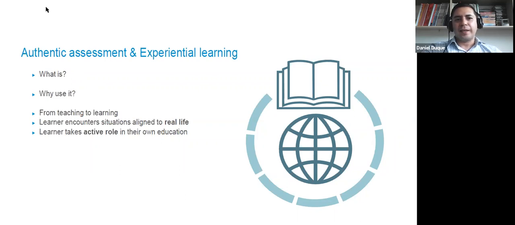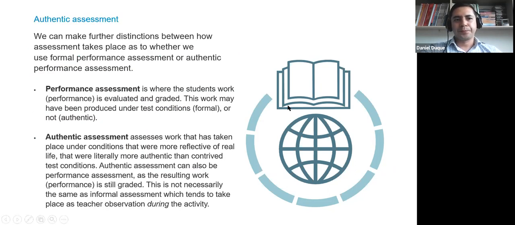We are going to try to understand the importance of authentic assessment and also how that is linked to experiential learning. Ready? So we can make distinctions between how assessment takes place, whether we use formal performance assessment or authentic performance assessment. Let's take a look at the difference between these two.